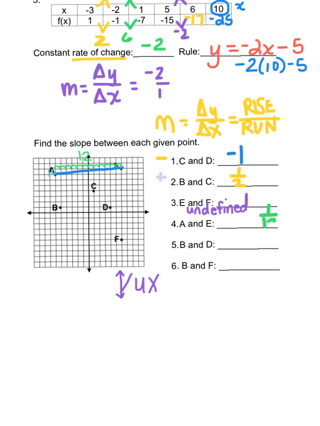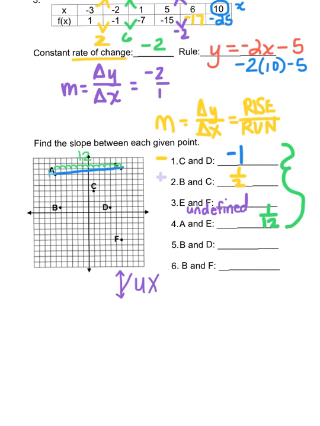Now let's go back, and I want you to look at the slopes and then look at the lines that would go between these points. Which one has the steepest slope? Which one has the least steep slope? If you look at these, the slope is not dependent on whether it's negative or positive. That does not describe the steepness.